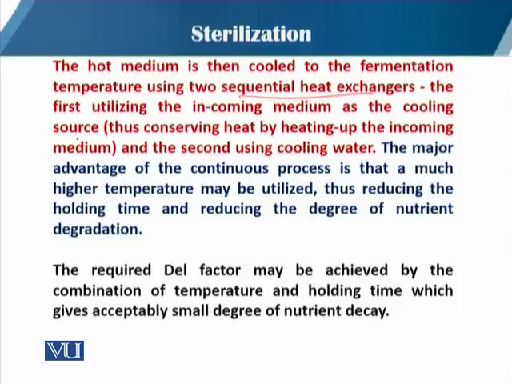The incoming medium which has to be sterilized gradually increases in temperature in a first step, but that is very little. So the same medium can be utilized for cooling purposes. This is the advantage of the continuous process.